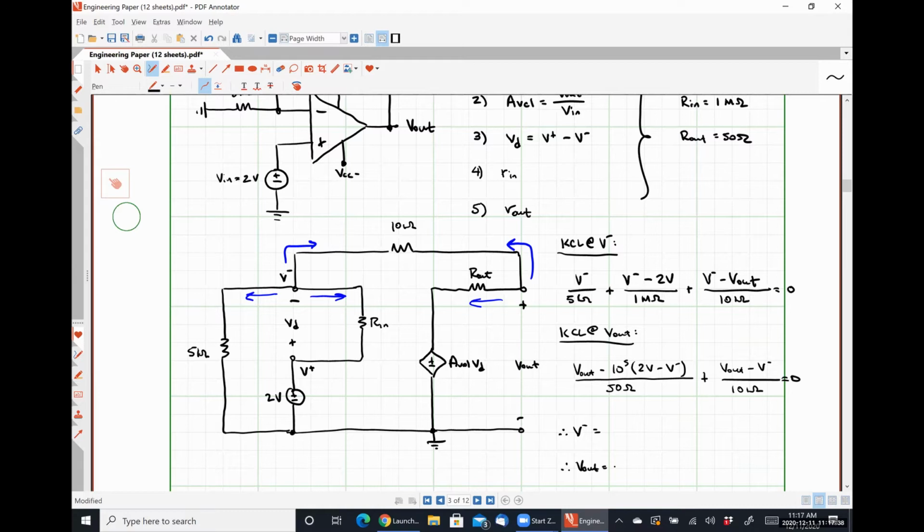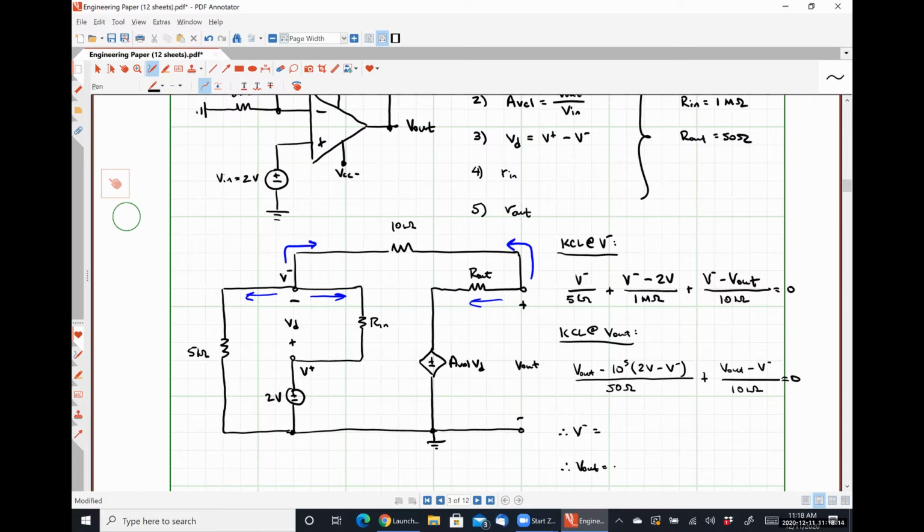In my second equation, my coefficient for V minus: I have negative 10 to the 5 times 2 volts minus V minus. So negative 10 to the 5 times negative V minus gives me positive 10 to the 5, that's 100,000 over 50, minus 1 over 10,000.